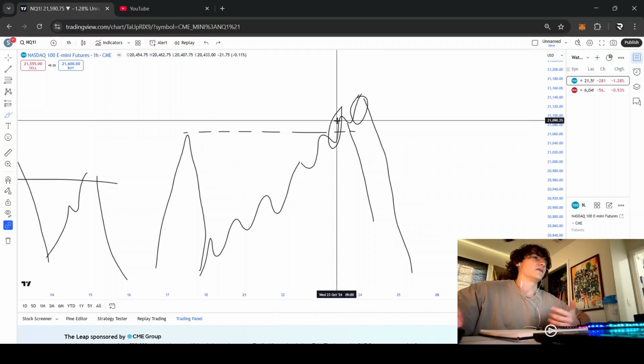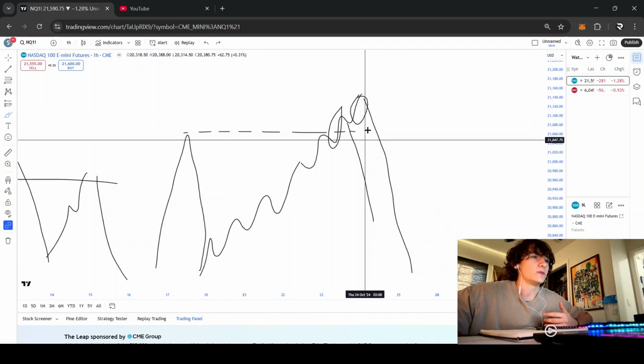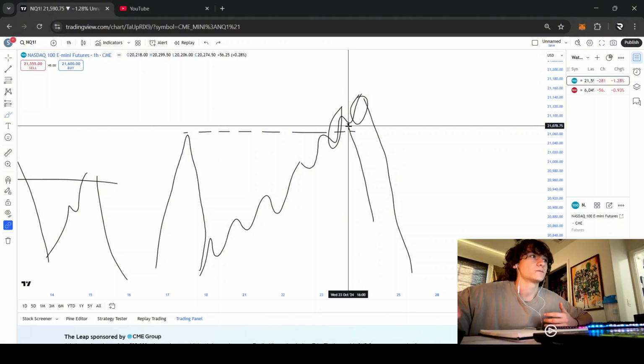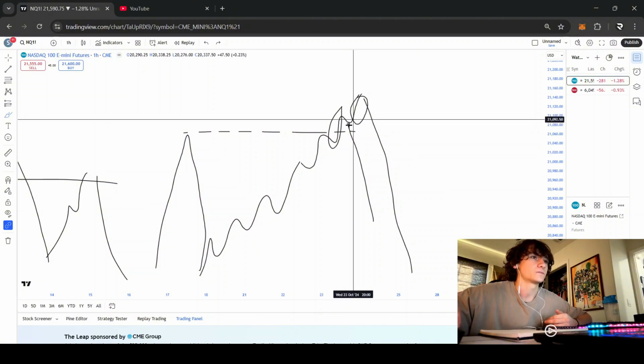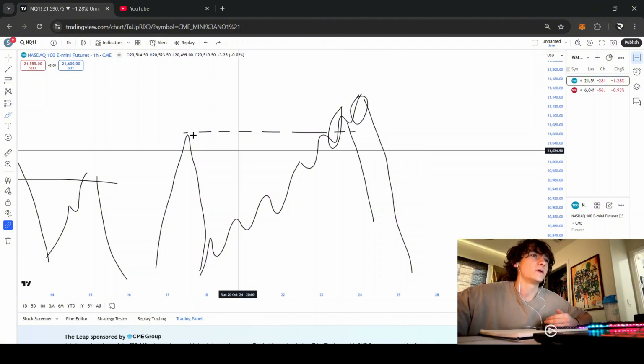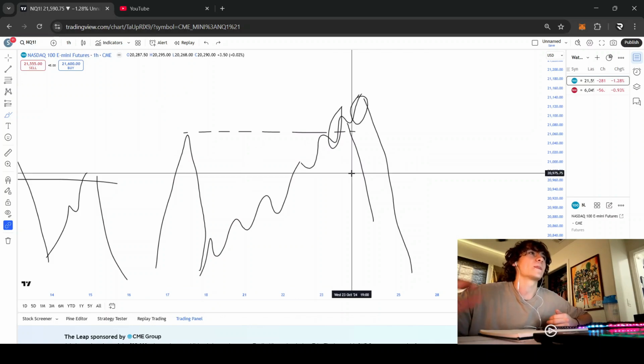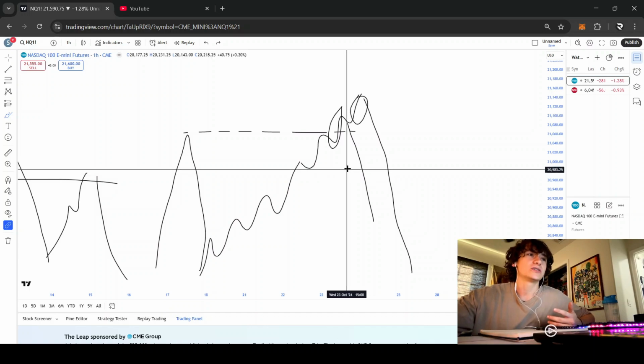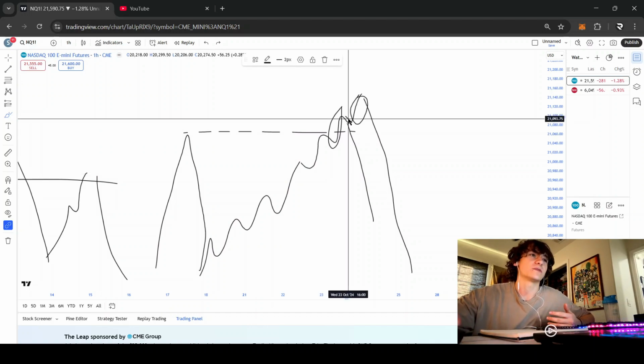Anyways, it could start going down there, and that would be the order block, but it's not because this was. So basically, it's like a retracement, pretty much. Although it's not the retracement, because the down would be the retracement.